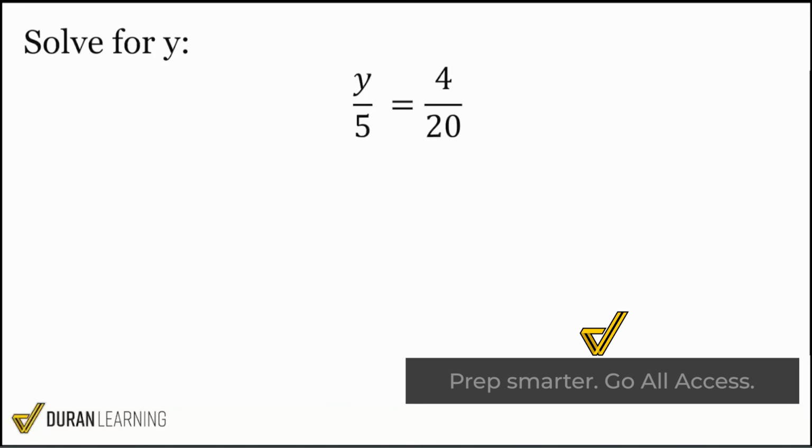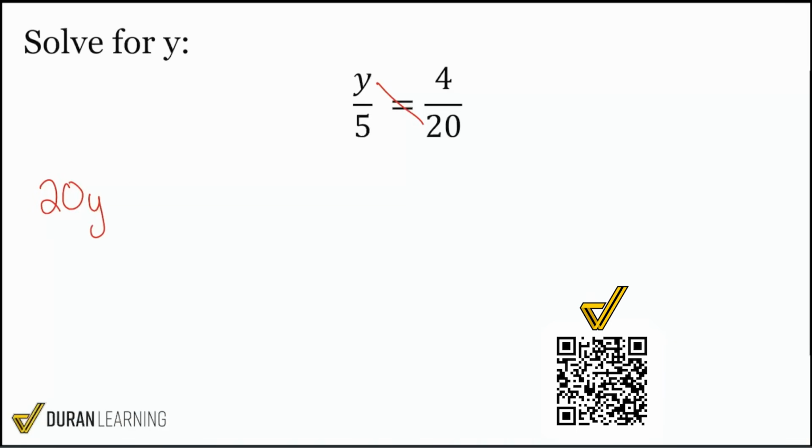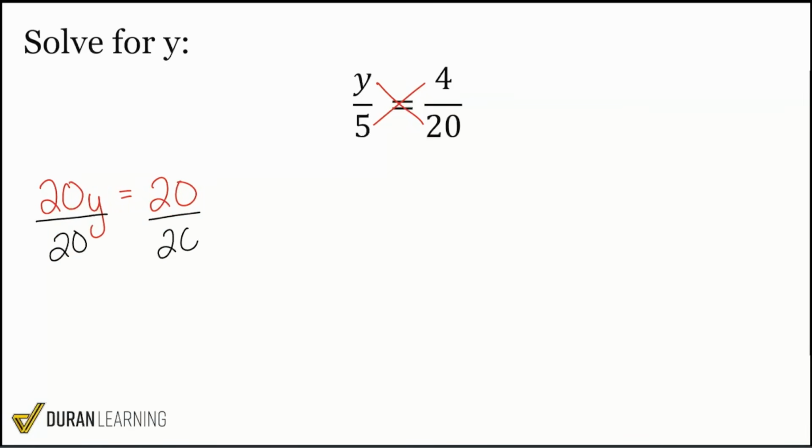So let's go ahead and do that first here. Let's cross multiply y times 20. That's going to be 20y. Then we have 5 times 4. And look at that, that's going to be 20. So if we divide 20 on both sides, because we already cross multiplied, now we're dividing. When we divide both sides by 20, on the left side, it's going to cancel.